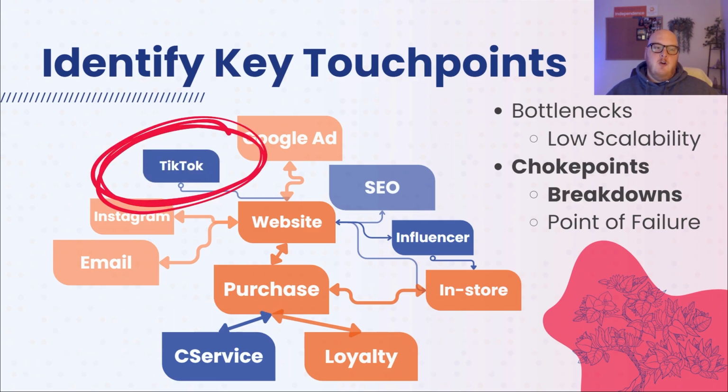Also, looking at choke points. Choke points are areas like a data breakdown. Especially in the digital realm, these are areas that need to be improved. Say TikTok is sending traffic to the website, but you're not sending website data back. So you're not gaining that two-way communication for your ads, and you're not understanding and building upon your customer base.